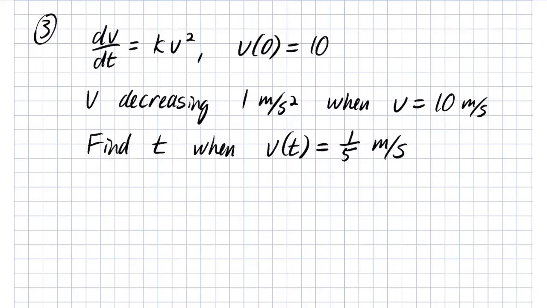And V is decreasing at the rate of 1 meter per second squared when the velocity is 10 meters per second. Okay, and the question is, how long does it take for the velocity of the boat to decrease to 1/5 meter per second, so 1 meter per 5 seconds?